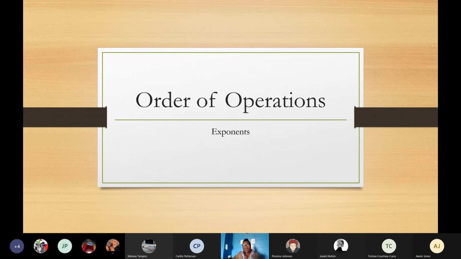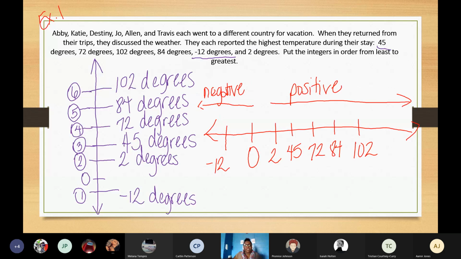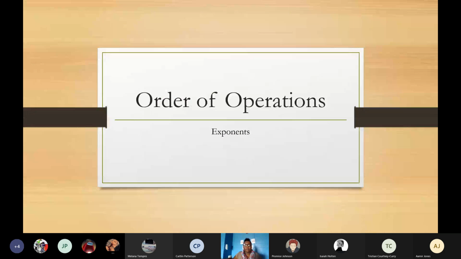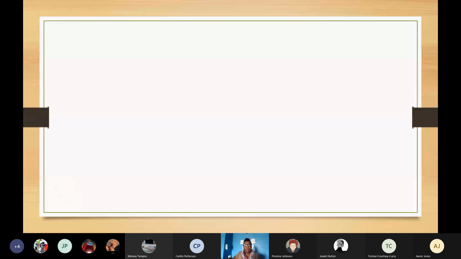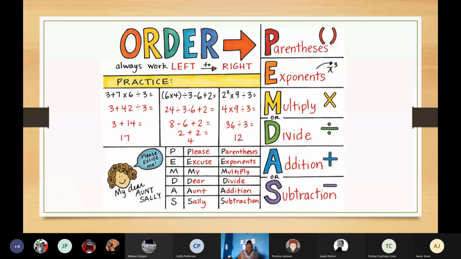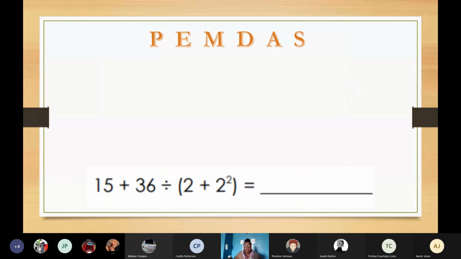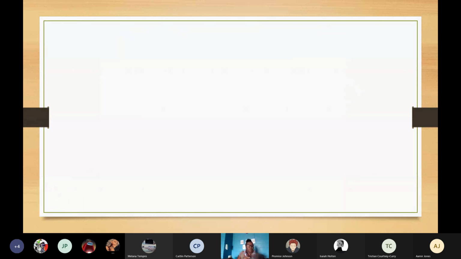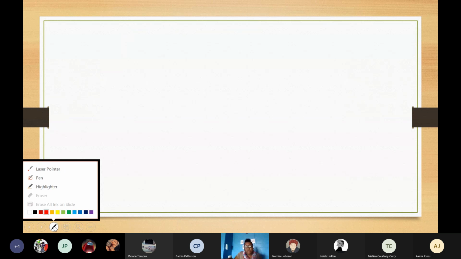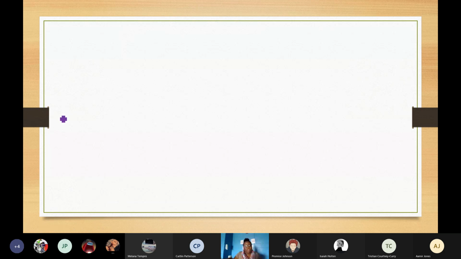So when we're talking about exponents, it's important for us to know, and if you already have these notes, you don't need to copy them again. But if you start seeing new notes on this board that you don't have, you'll need to get them.